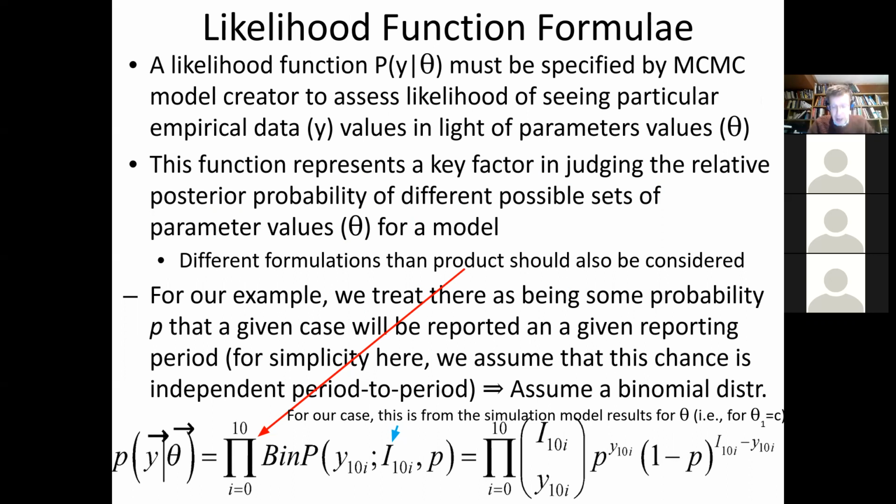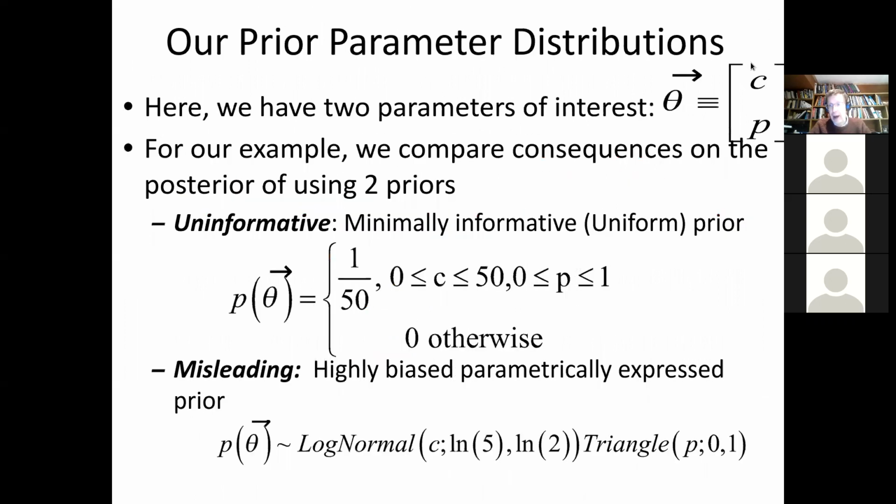If we just had C and P, if that's all we had, and you were to ask me, this value of C and this value of P, this number of contacts per day, this probability of reporting a given infection as a case. If you were to say, what's the likelihood of observing certain empirical data, say 50 cases on the 10th day, I would shrug my shoulders. I can't do those computations in my head.